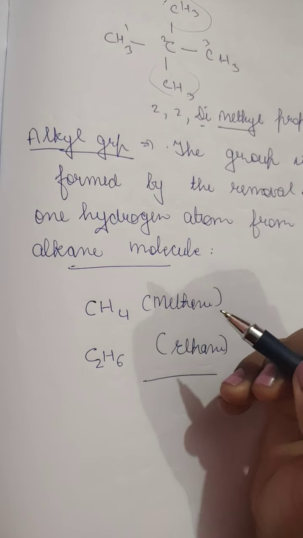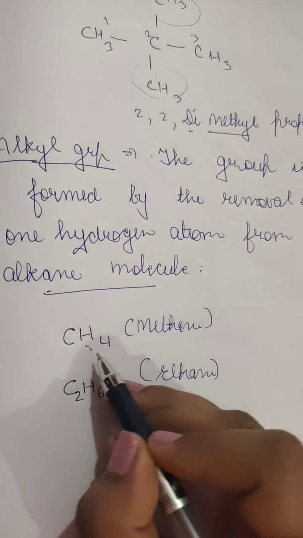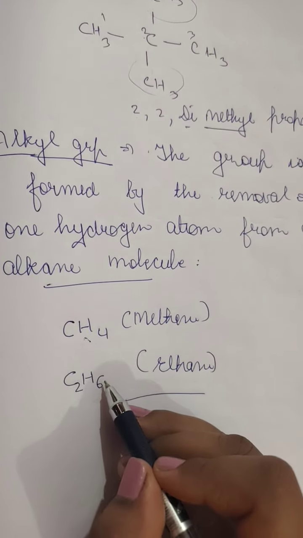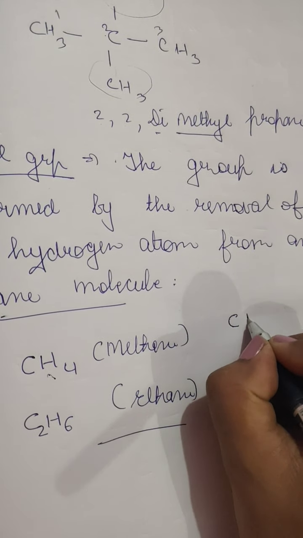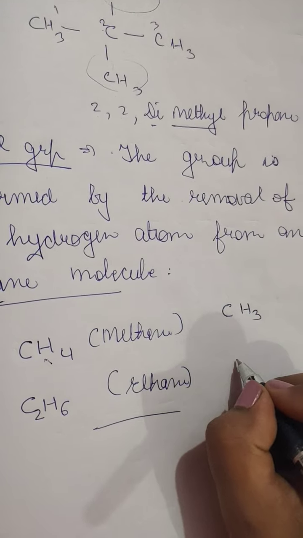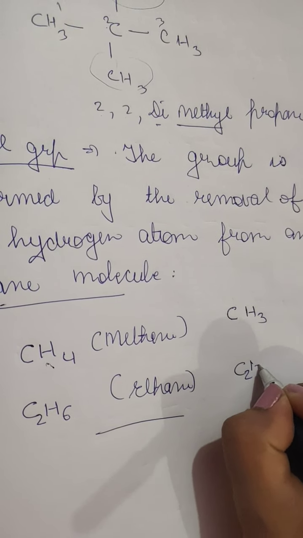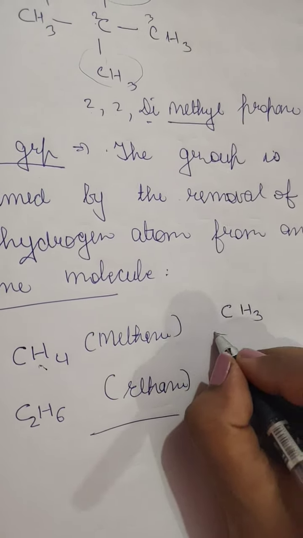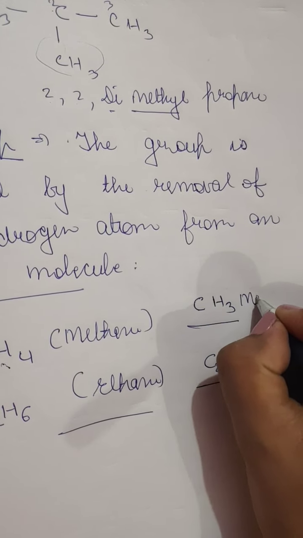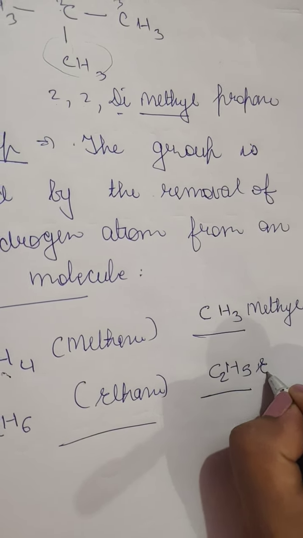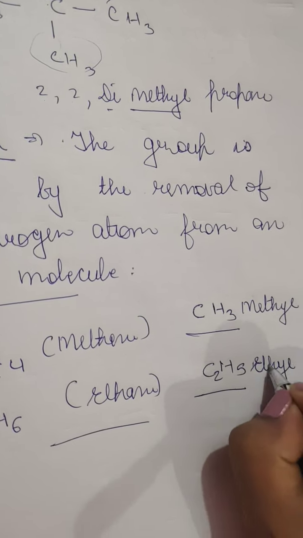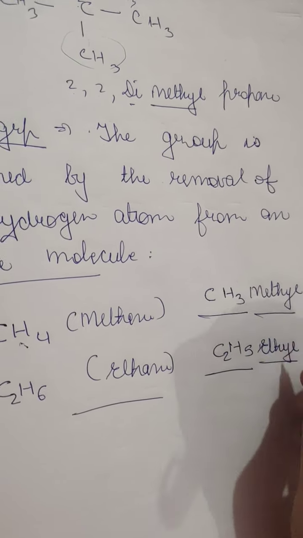So basically most times we have this methyl alkyl group, and sometimes we have ethyl also. If we remove one hydrogen, it will become CH3 and it will become C2H5. So this is an alkyl group. It's called a methyl group and an ethyl group. So these are alkyl groups, methyl and ethyl.